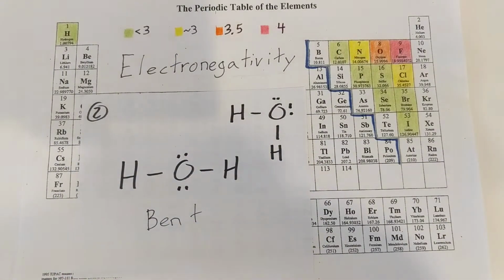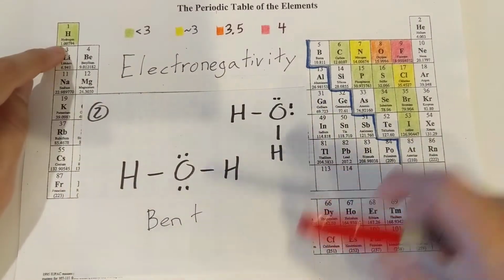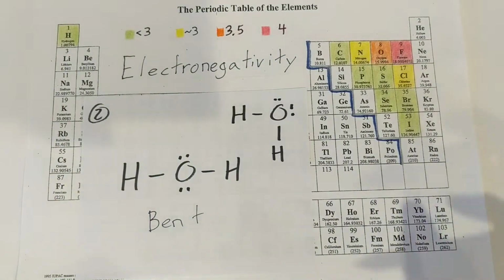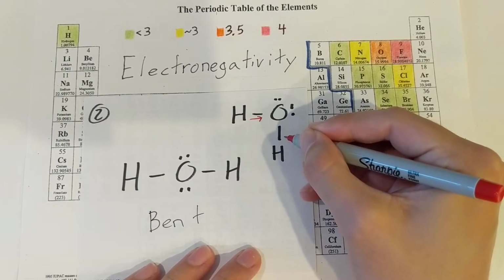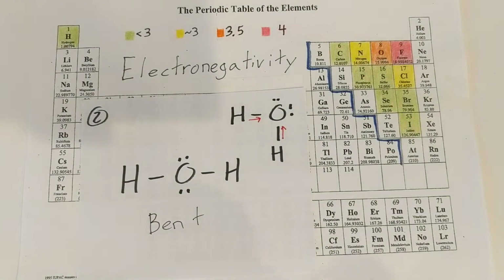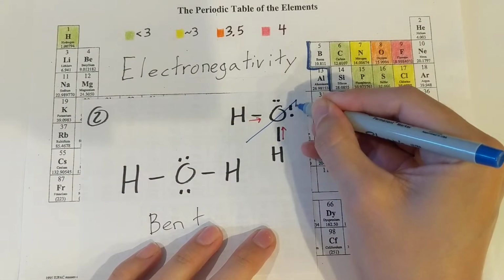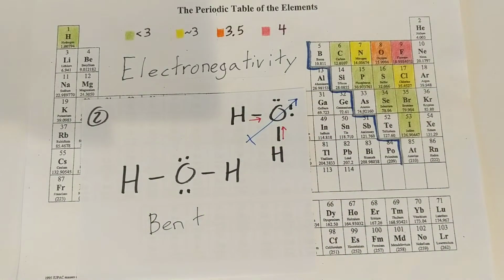If we take a look at each bond individually between hydrogen and oxygen, oxygen has that higher electronegativity. So it is getting the electrons drawn to it. And if we wanted to draw our overall dipole moment, where are these electrons getting pulled? Directly towards the oxygen, like that. So that's where our electrons are getting pulled.